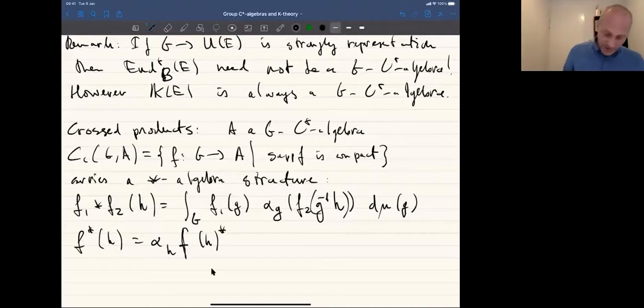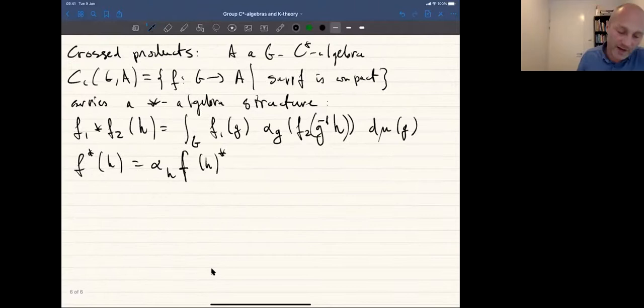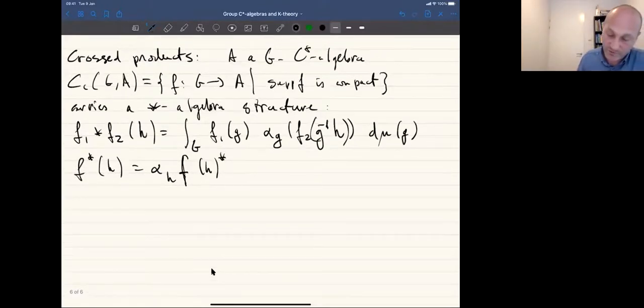All right, so now with this notion of covariant system and this notion of the convolution algebra, we can construct various completions.